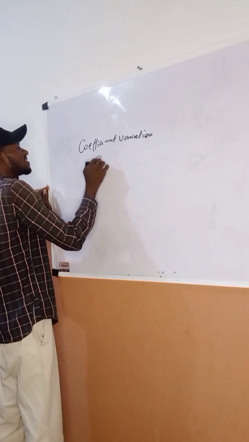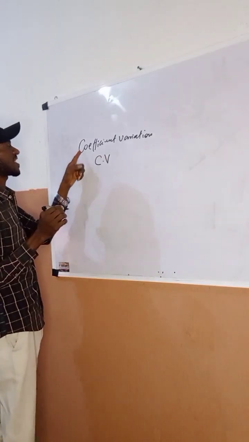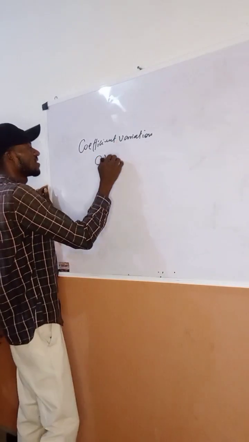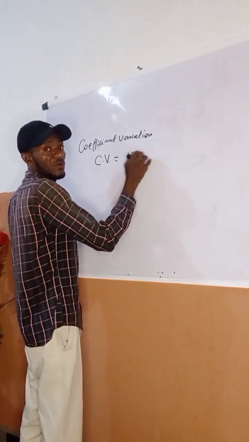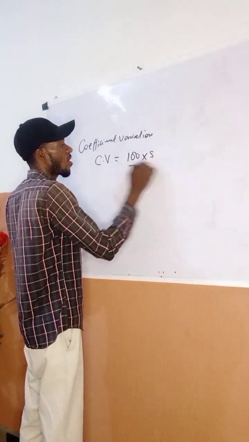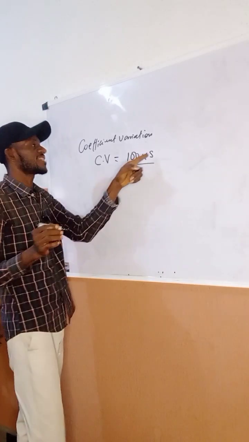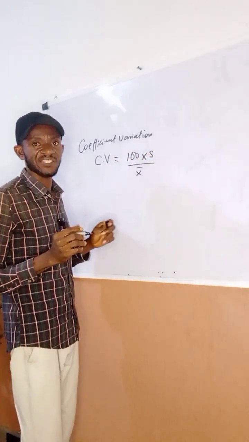At times they write this as C.V., C for coefficient, V for variation, and it is expressed in percentage. That is 100 multiplied by S all over x bar.